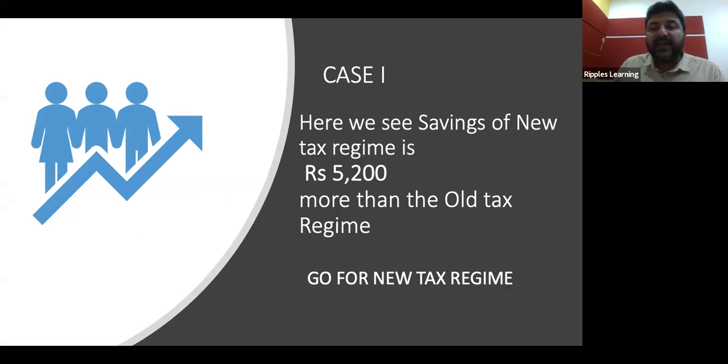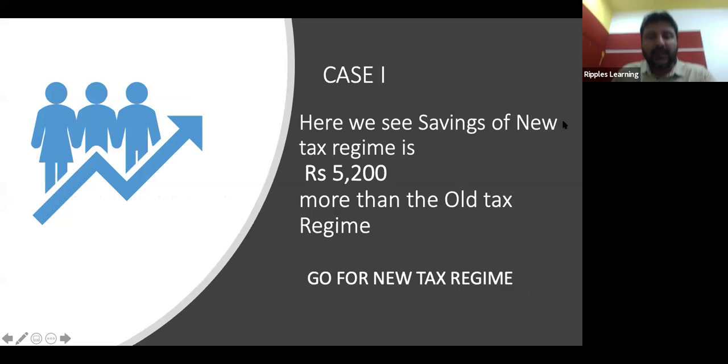Here we see savings under the new tax regime to be 5,200 more than the old tax regime. In this case, where the savings are less, it's advisable to go for the new tax regime, not the old tax regime.